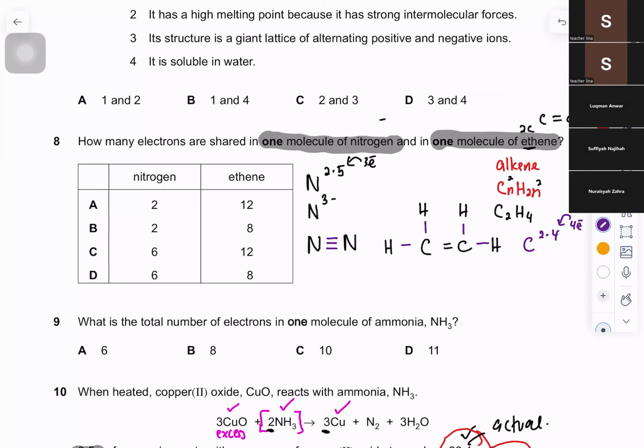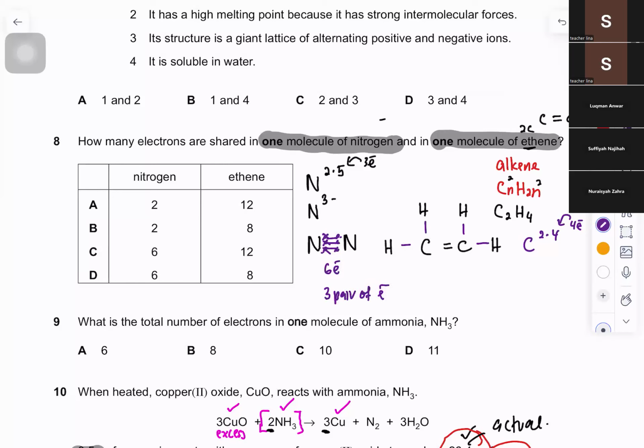And then this one, dot cross, dot cross, dot cross. So dia ada 6 electron. So kira 1, 2, 3, 4, 5, 6. Dia tak tanya pair. Kalau tanya pair of electron, 3 pair of electron.